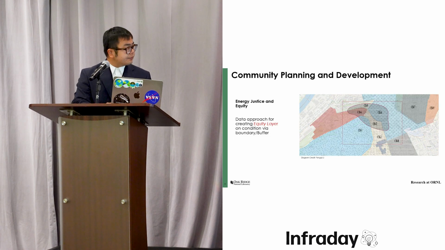So for example, if the energy justice and equity dimensions have been defined for the specific analysis, we will need a different data and design interface to understand the issues related to the community as this diagram shows.